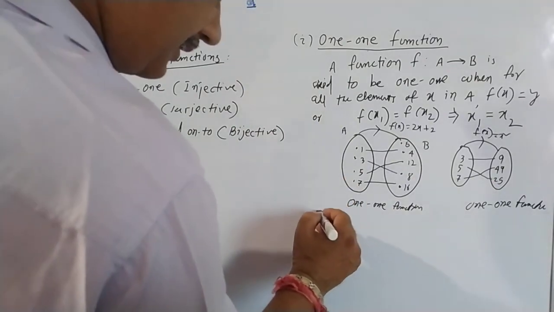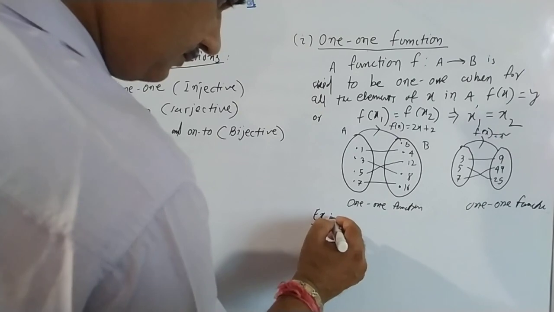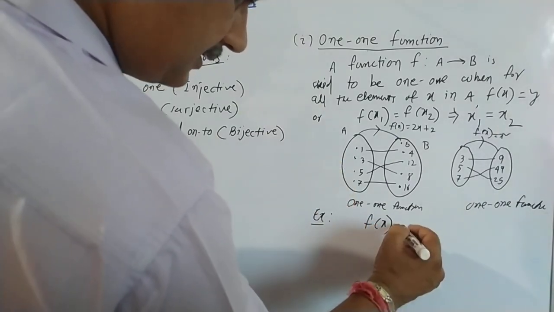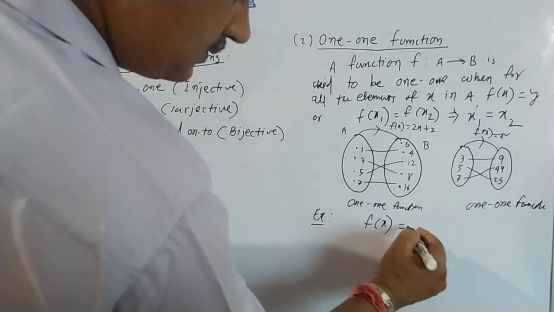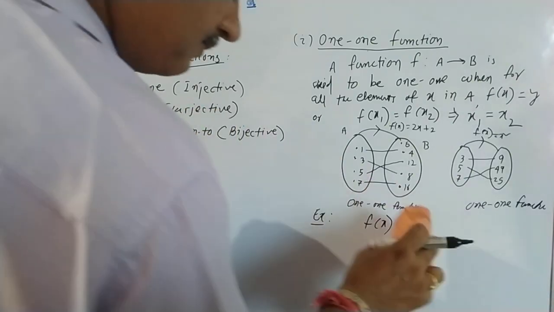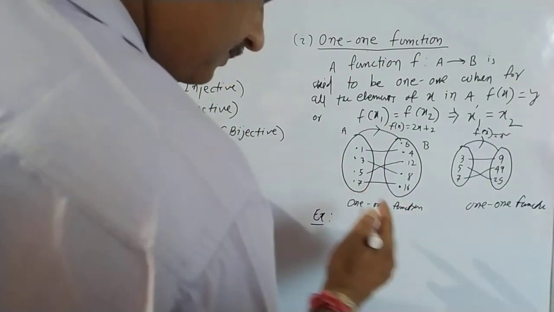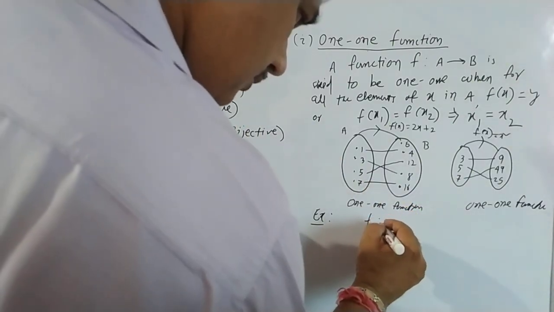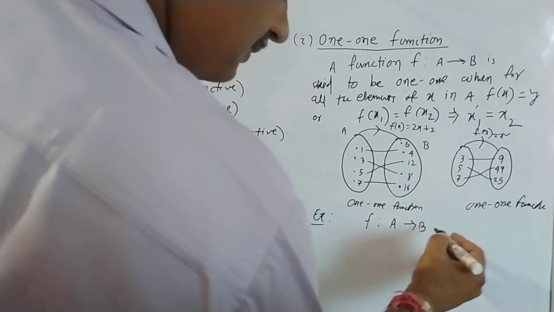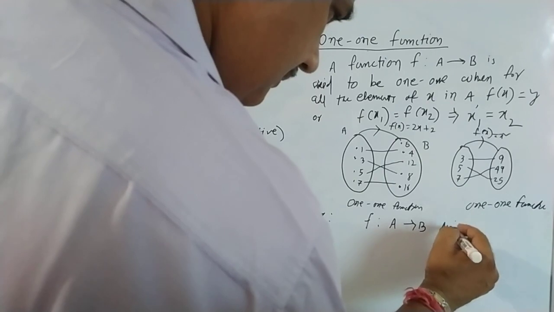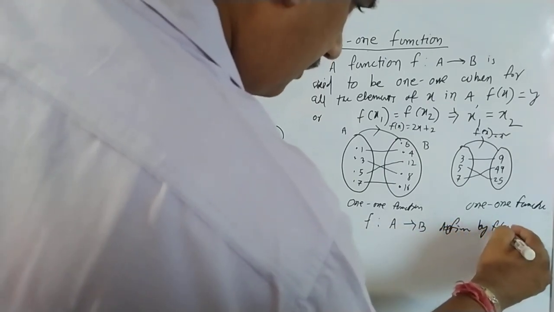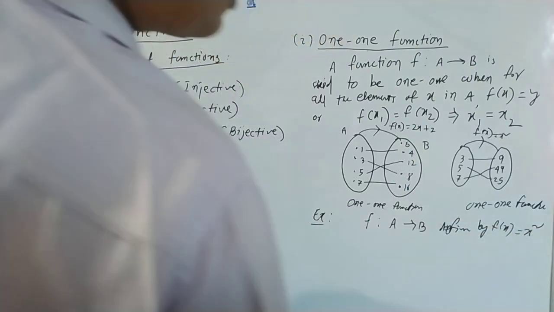Okay, so this is an example of a one-one function. Let us take an example. f is a function from A to B defined by f of x is equal to x square.